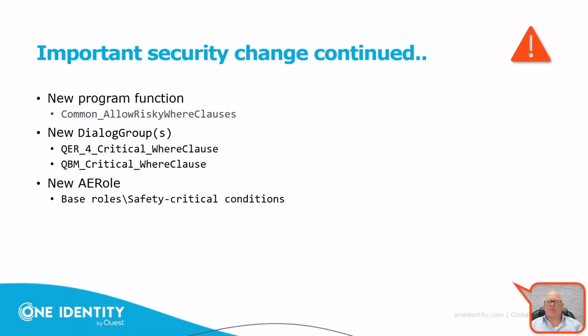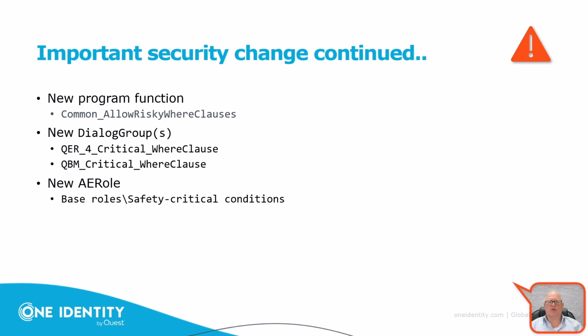If we look a little bit more into detail at that specific feature, you see the new program function, and together with the program function there are, of course, new dialog groups. This is QER critical where clauses, which is the dialog group you use in role-based access. And there is QBM critical where clause, which is the dialog group you will use for system users.